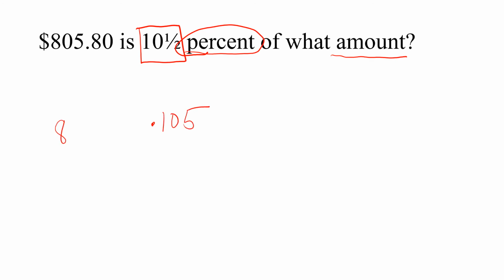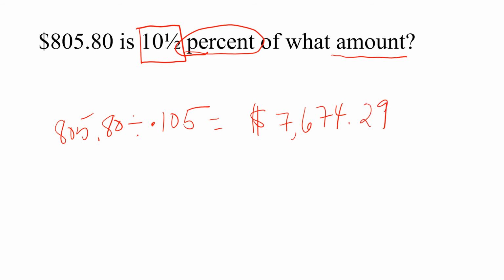So we take our 805.80 and divide it by that, and that equals 7,674.29.